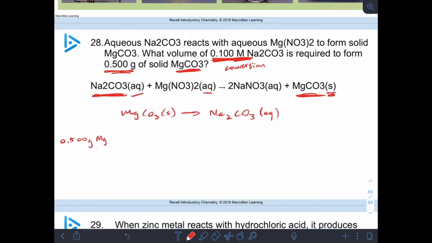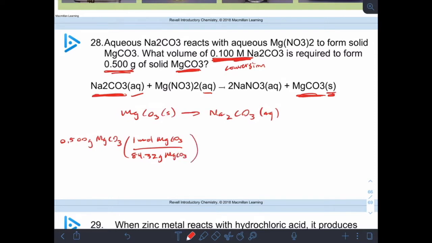MgCO3. And we're going to convert that to moles because I want to go from magnesium carbonate to sodium carbonate. I have to do that through moles. So first step is to use molar mass to get there. And it happens to be 84.32 grams of magnesium carbonate.